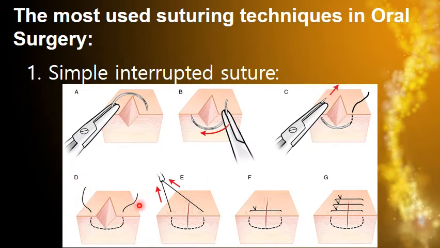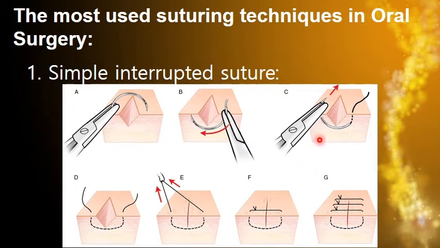I will have a side with the free end and a side with the needle. Then do the tie. As we said, we do it firmly, not tightly. This is the first stitch. I will continue to do this as long as I have the incision line.